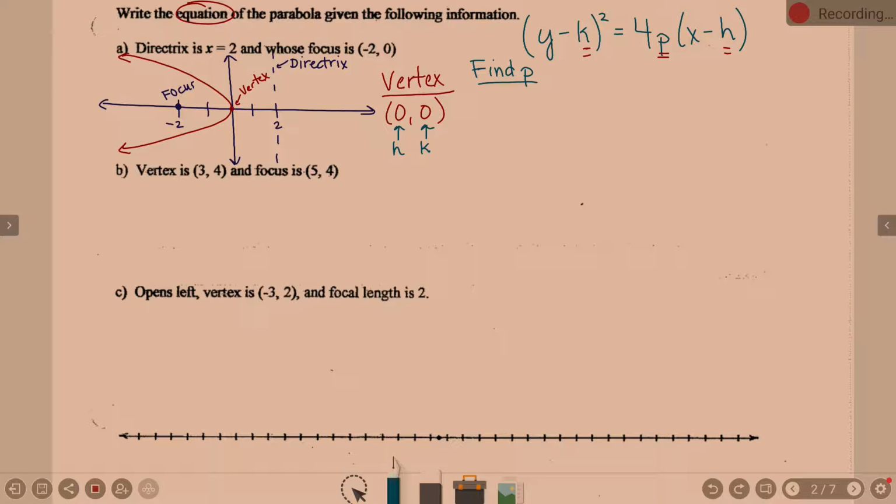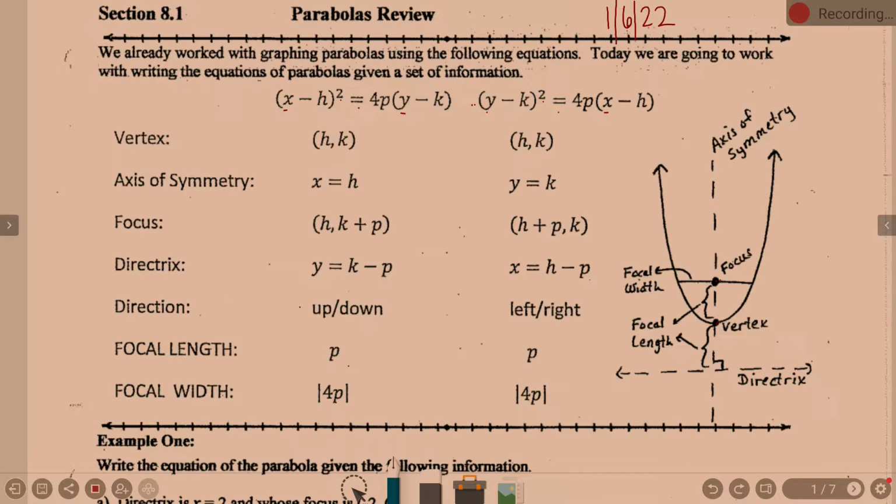Now, if you don't like having to know if that p is positive or negative, I would find p using my directrix information. The directrix we're given here is x equals 2, correct? Go to the top of your notes.